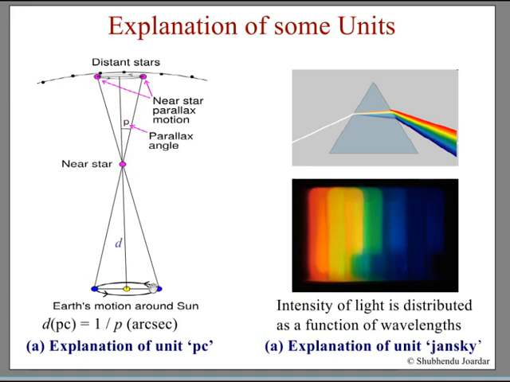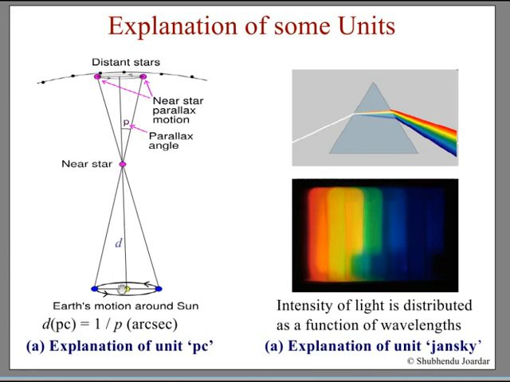This is because our movement is along this direction, and when we see this star, we see it against this background. And after 6 months, when we come here, we see the star with a background of another star. So trigonometrically, we can calculate this distance d.